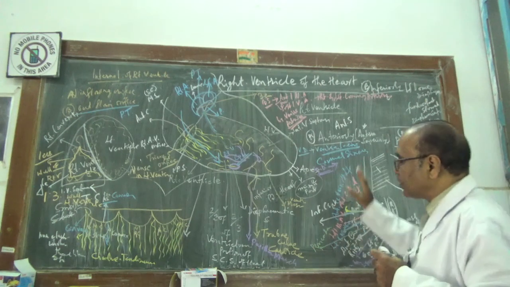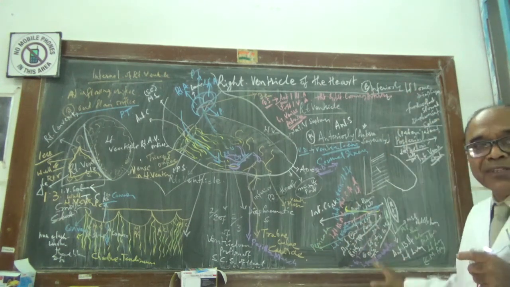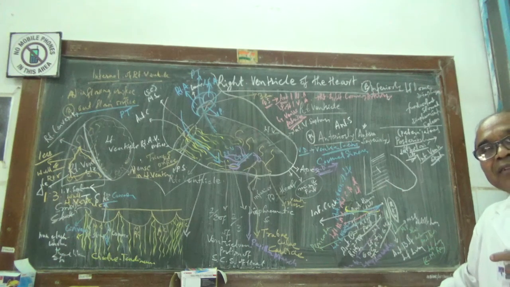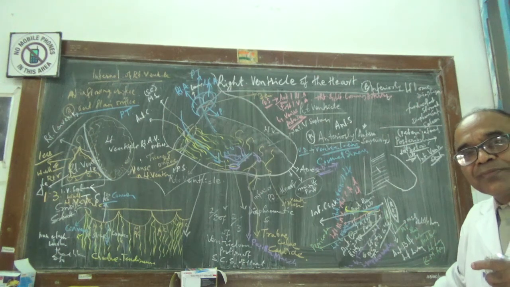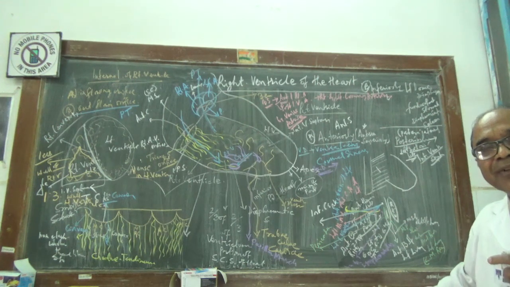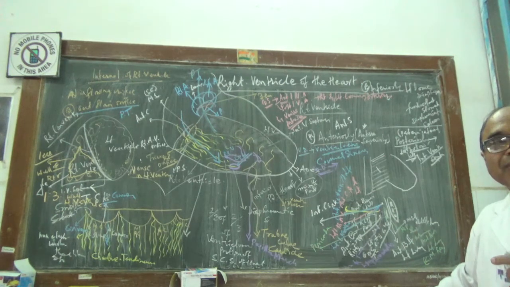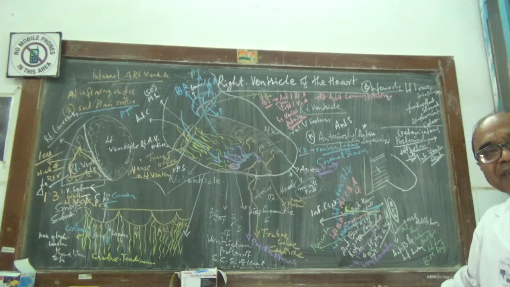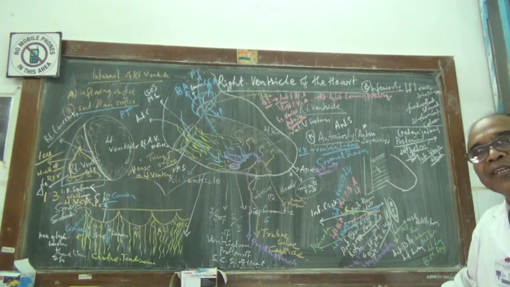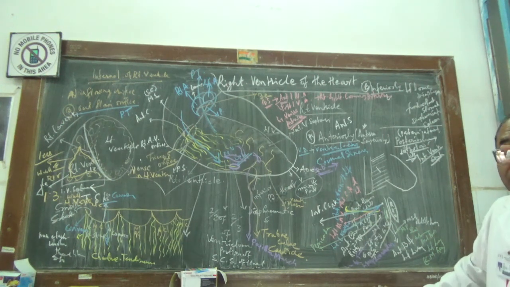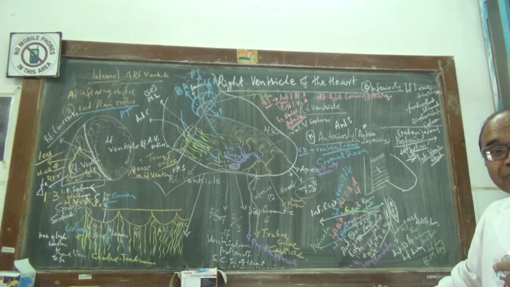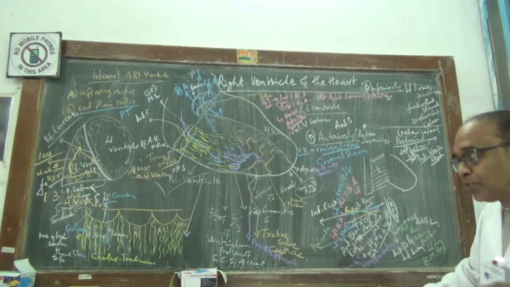From the thoracic duct it opens into the union of internal jugular vein and the subclavian vein to give rise to the what? Brachiocephalic vein of left. On the right side, that is the right lymphatic duct which opens into the internal jugular vein and the what? Left subclavian vein gives the right brachiocephalic vein. Together forms a superior vena cava.